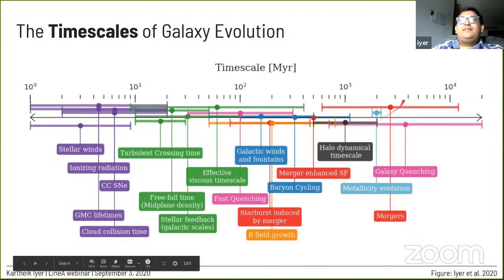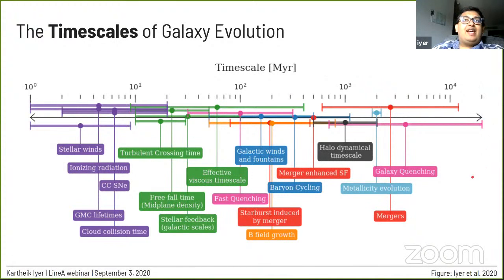And similarly, once you go to the largest time scales, you have processes that act galaxy wide, or sometimes their scope is even beyond the galaxy itself. And these processes usually act on very long time scales, and they can dramatically change how the galaxy looks and what its evolutionary state is.